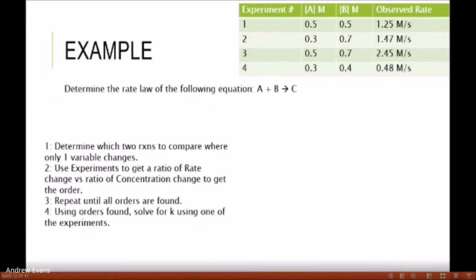If you have 3 reactants, you would have to look at 3 variables at a time, changing only one at any given time. We have a generic rate law: rate equals K, A to the M, B to the N.